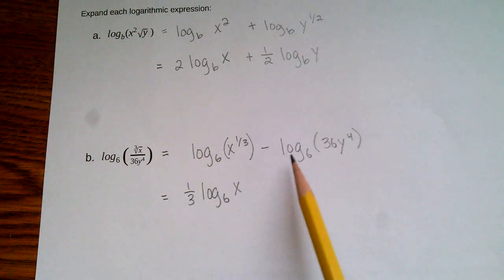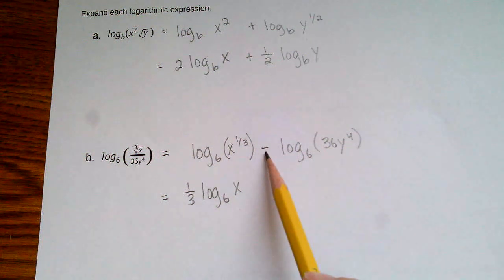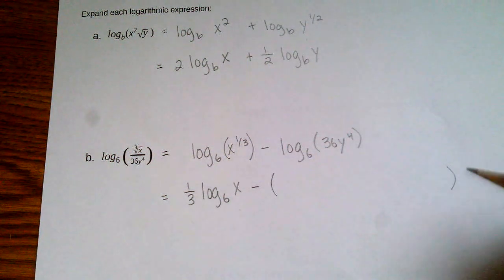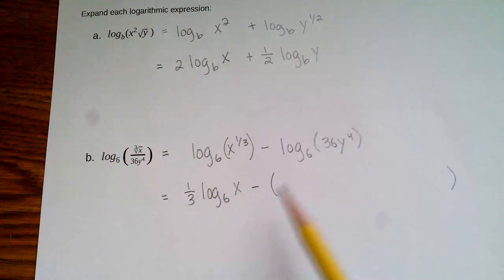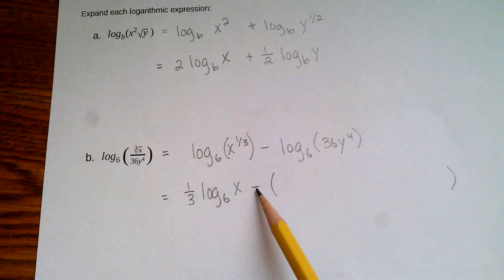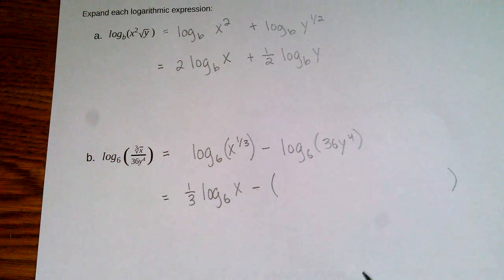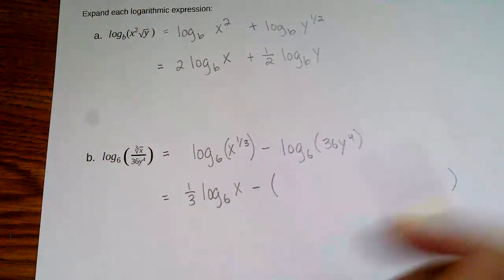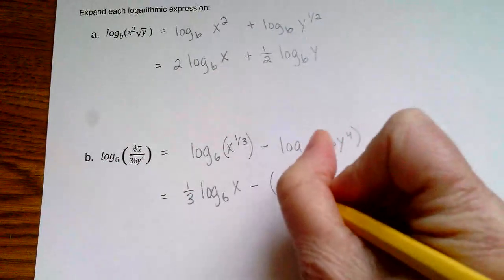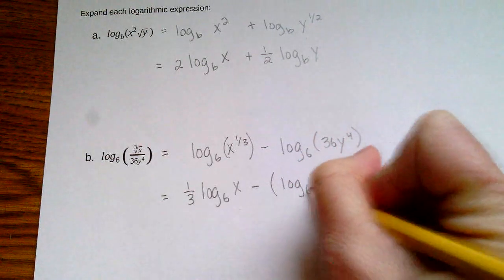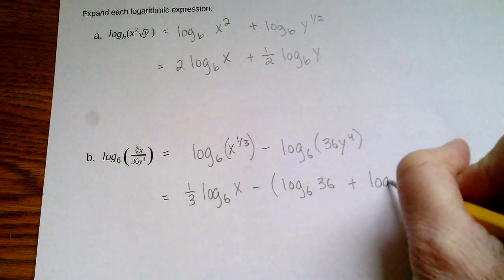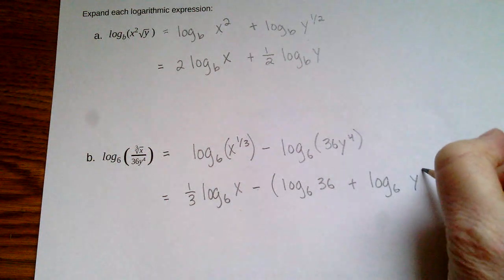Whenever you are expanding something after a negative sign, it's really important that you put the whole thing in parentheses, because you're going to need to distribute this negative to anything inside of the parentheses. So I am now going to rewrite this product as log base 6 of 36 plus log base 6 of y to the 4th.